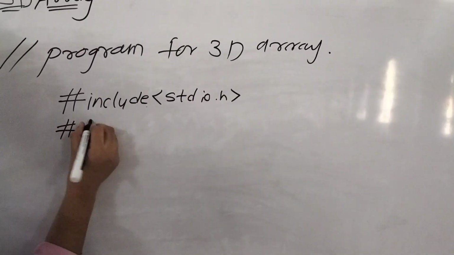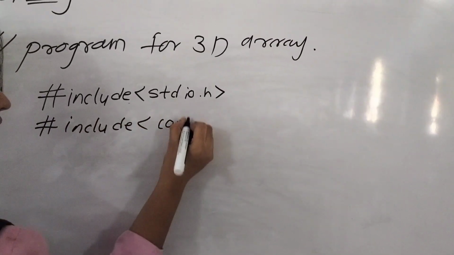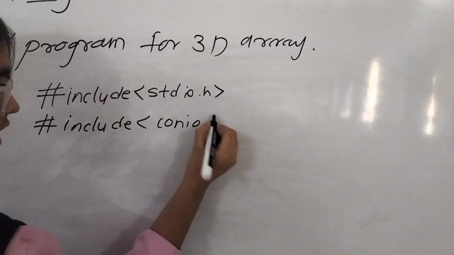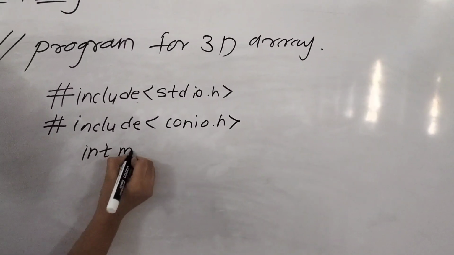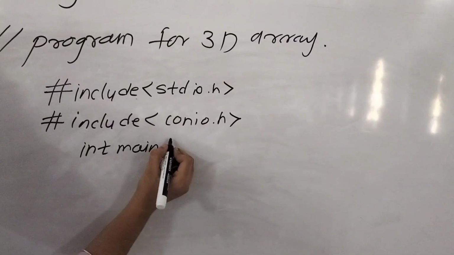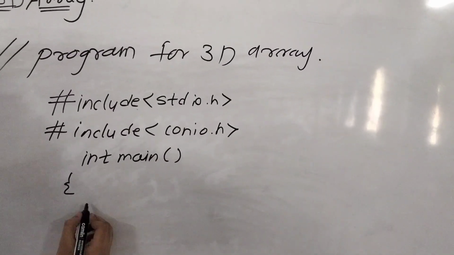Next write hash include conio.h, and then write int main and start your program with a curly bracket open.